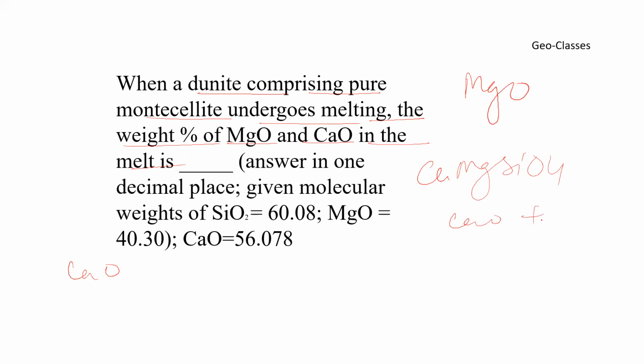So this becomes CaO plus MgO plus SiO2. So 0.33 will be of all. But just calculate in the same way as you did. Monticellite is an olivine, and that is CaMgSiO4. Right?